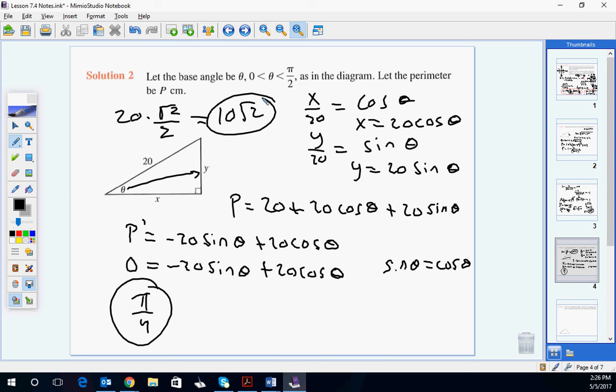Trig might be easier for you. If you're not sure how I got the root 2 over 2, if you take pi over 4, this is what x is, right? You put it in right there. Cosine of pi over 4 is root 2 over 2. So you times that by 20. That's what I was doing right here. Pi over 4 is theta, yes.